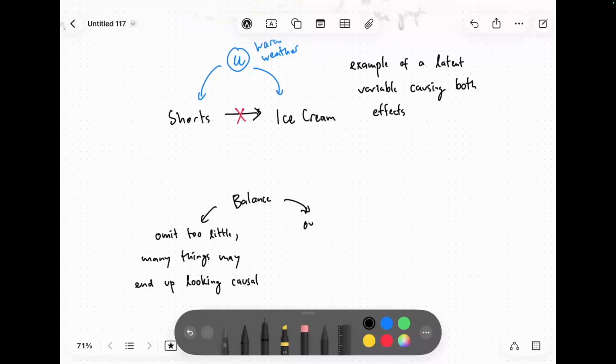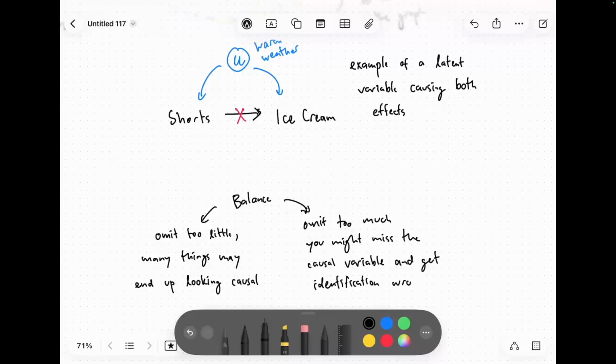And if you omit too much, you might miss the causal variable and get identification wrong. So you want to develop a defensible hypothesis and set of assumptions.